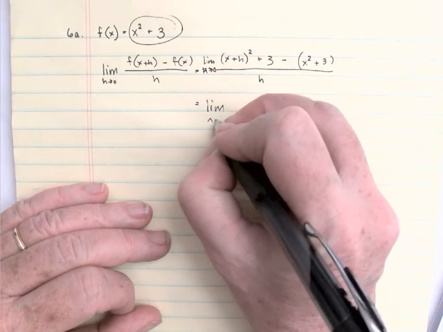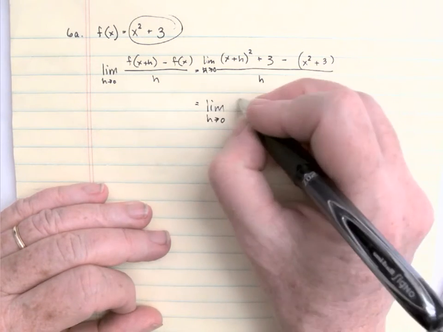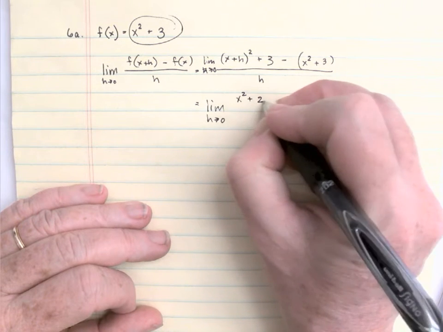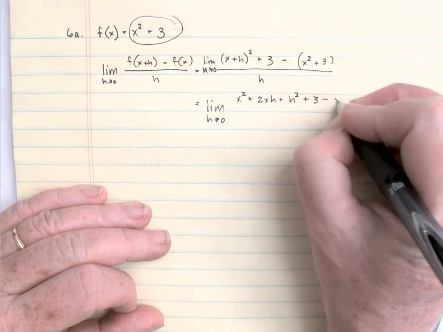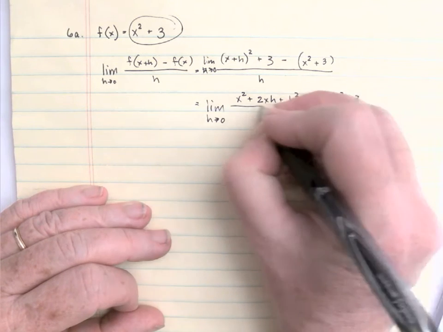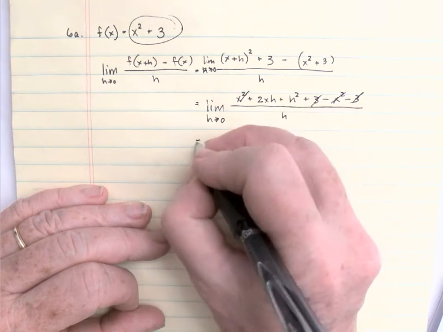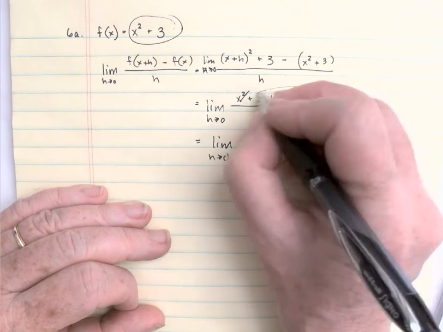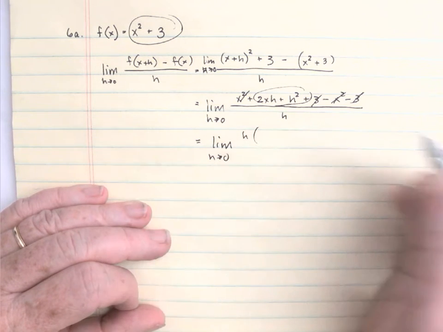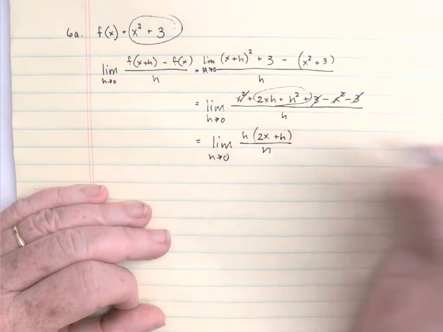The limit as h approaches 0. I am not plugging in a number, but I'm just going to work this out. I know I'm going to have x squared plus 2xh plus h squared plus 3 minus x squared minus 3 all over h. The 3's cancel out, the x squareds cancel out. So all I have is the limit as h approaches 0 of, I'm going to factor an h out of each of those terms, which leaves me with 2x plus h all over h.